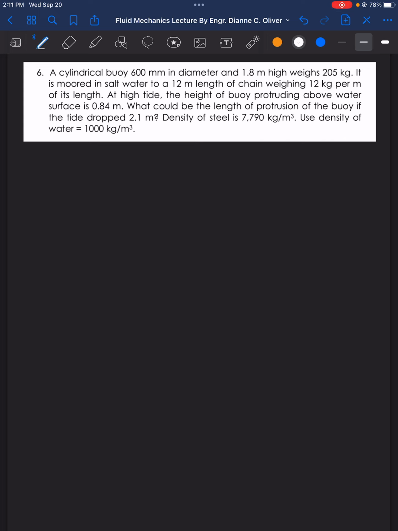Okay. So our buoy here is having two situations. The first one is at high tide, and the second one is when the tide dropped 2.1 meter. So it looks like this.